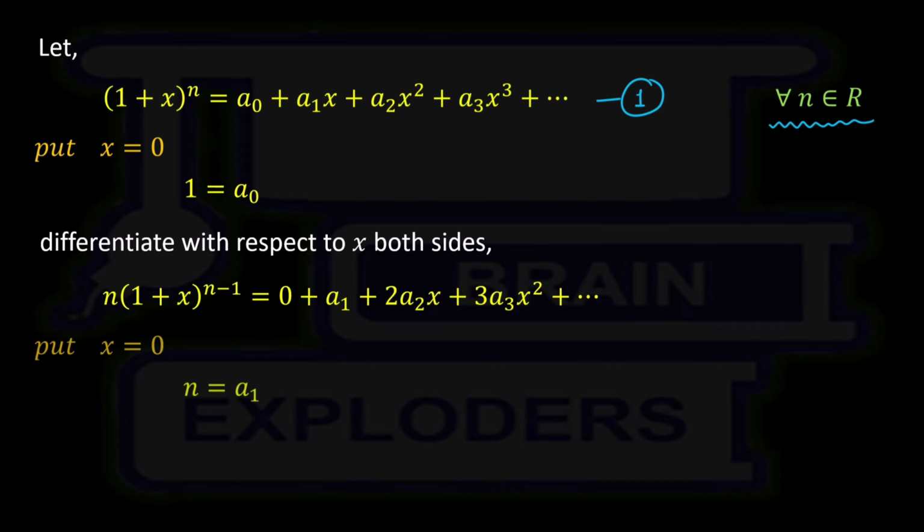Now again put x = 0 on both sides, we get n equals a1, right?